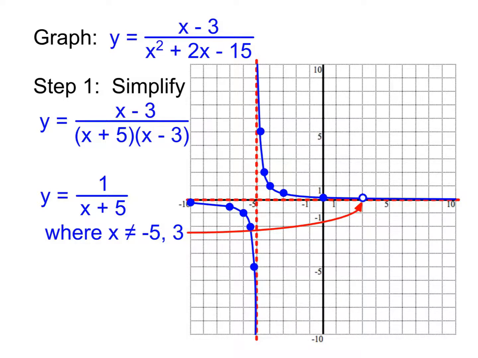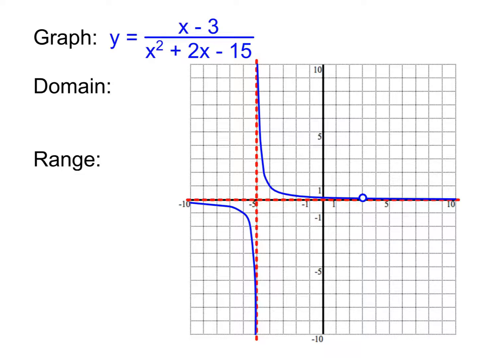And then once we see that, we can get into some of the other little details about this function. Let's take a look at the domain and range. Now, for the domain, first of all, is domain x or y? X. So we know the domain here is going to be x cannot equal something.